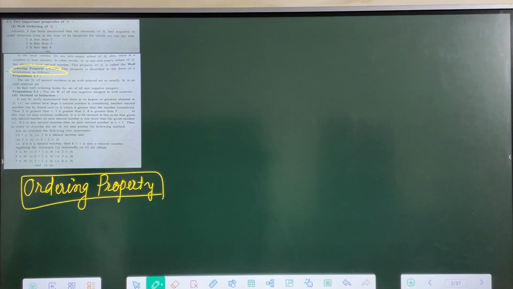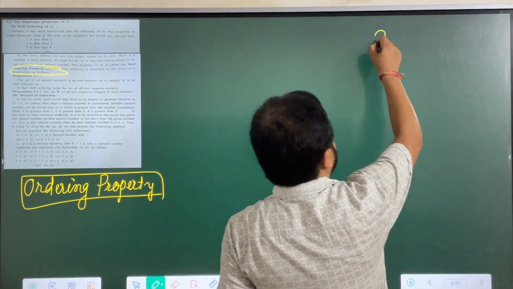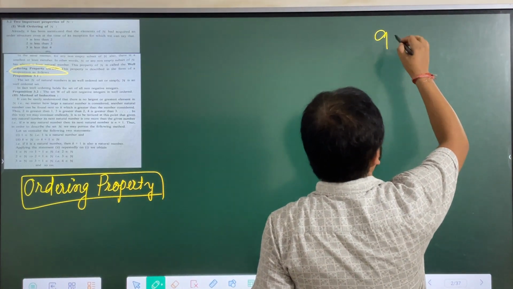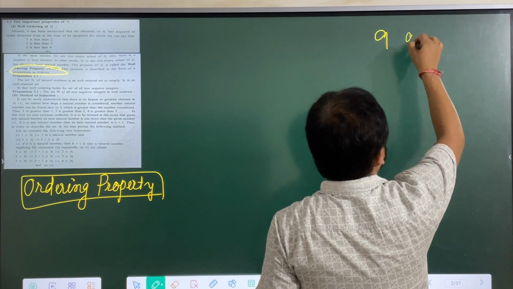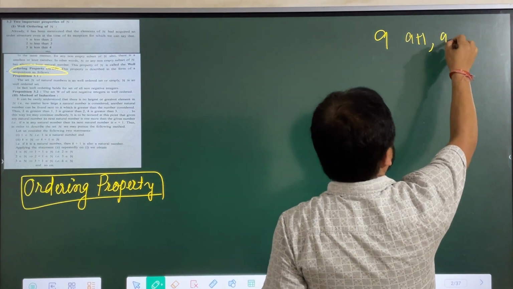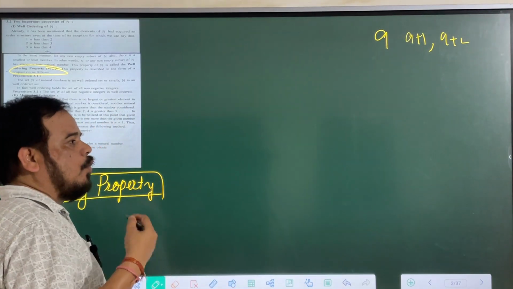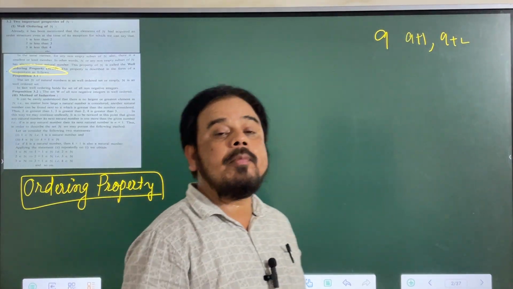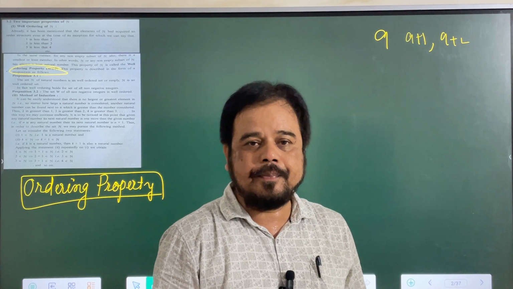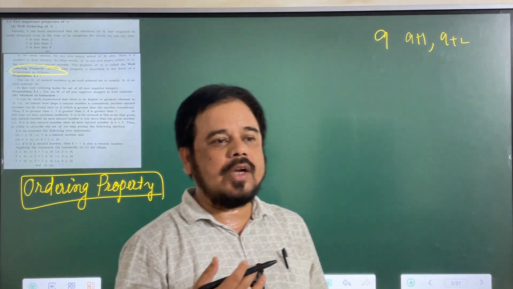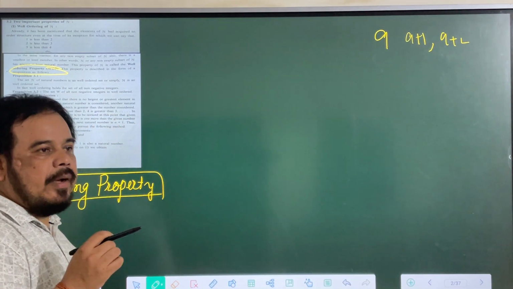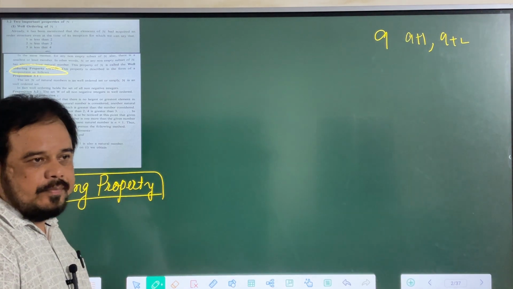Whatever number, suppose we are starting natural numbers from 9. The next number we can understand, that is 9 plus 1. This way it will go on. Suppose we start natural numbers from 100, next will be 101. If we start from 500, next will be 501.